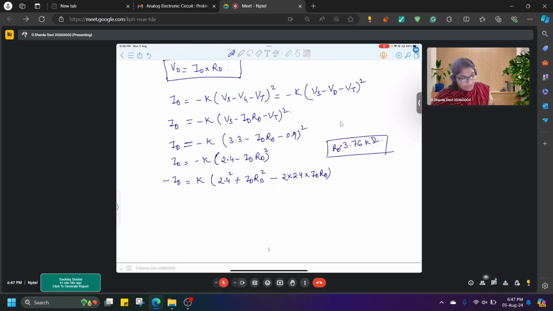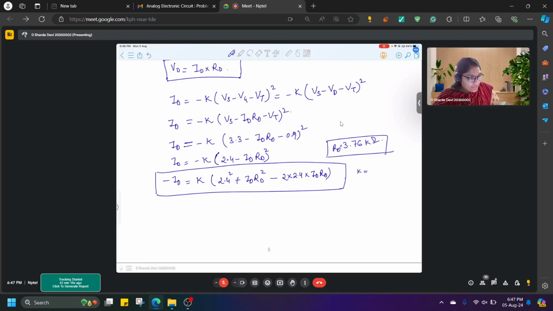Now we have to solve this quadratic equation. Can you quickly solve it? You know K, you know RD. K is 28 millisiemens. Since it is a quadratic equation, you should get two values for ID.